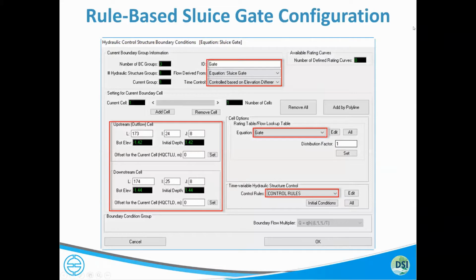Once that's done, we've defined all this information before. We had previously defined the cells and the actual equation. Now we've changed this control based on elevation difference, and we've applied these control rules to that set of conditions.